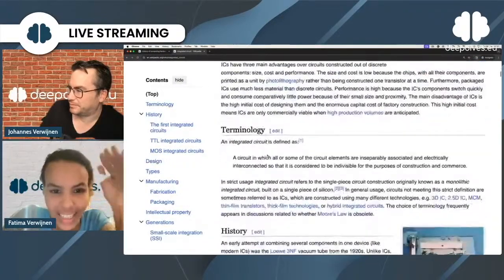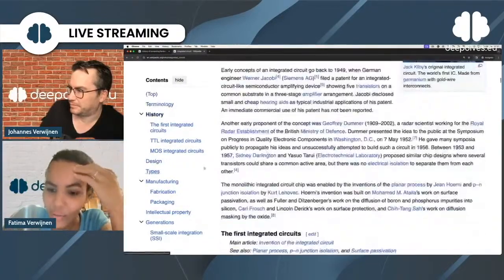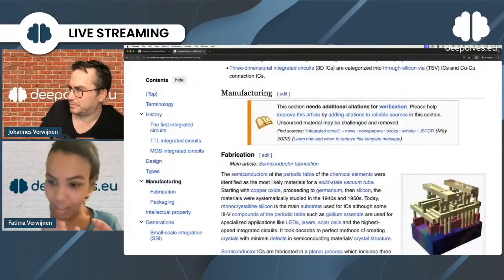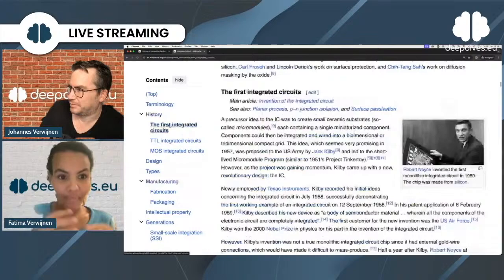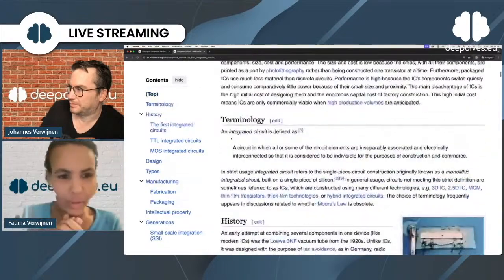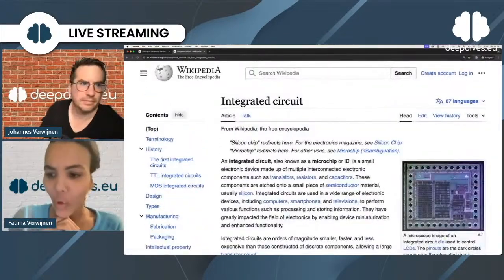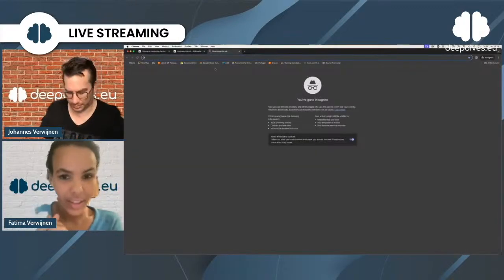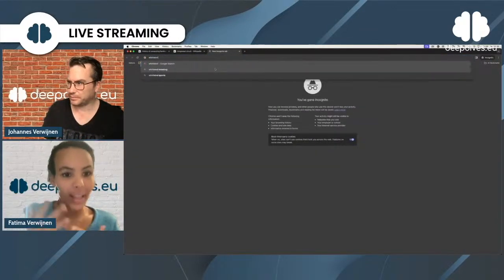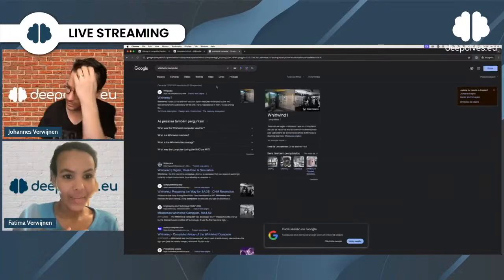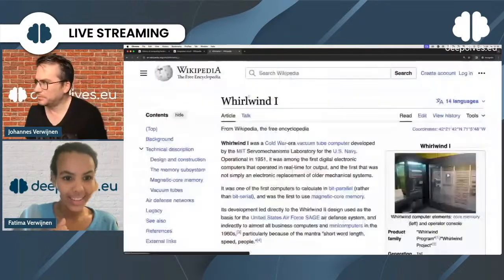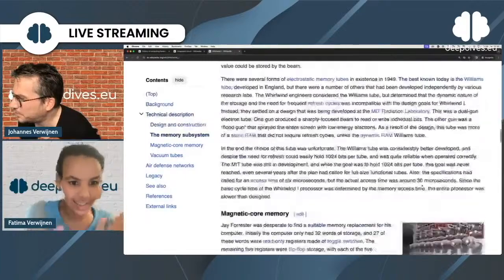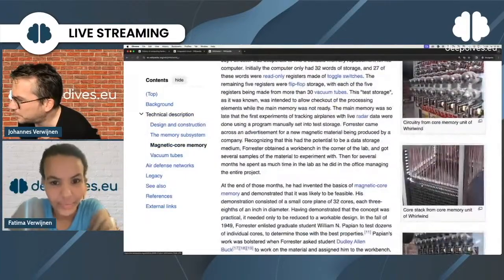To get an idea of how much it has shrunk, we were talking earlier about the Whirlwind computer, just to show how quickly the evolution from the big machines to the very small circuits happened.